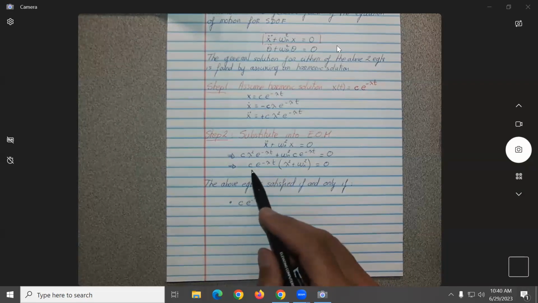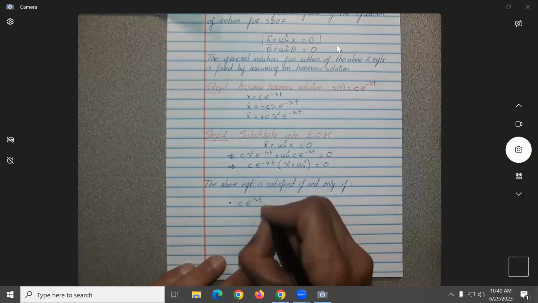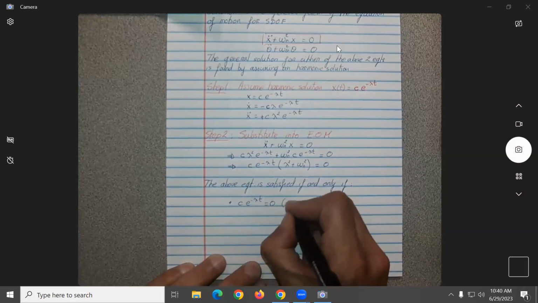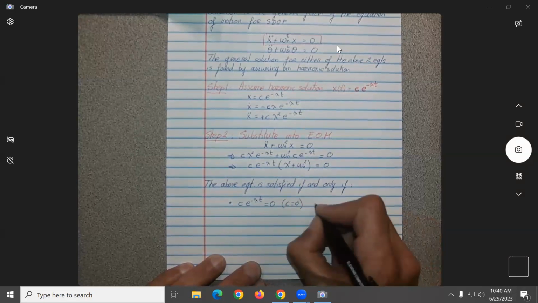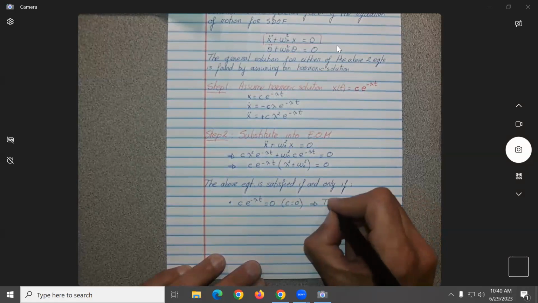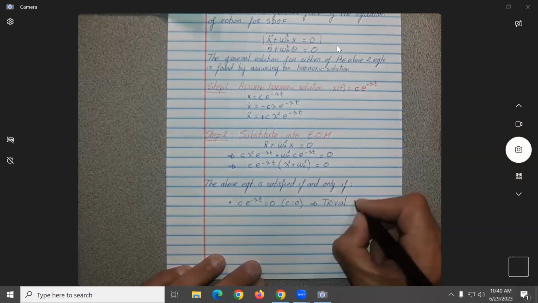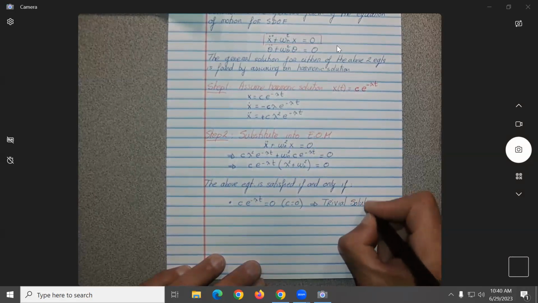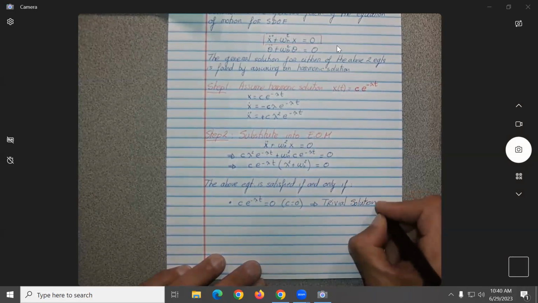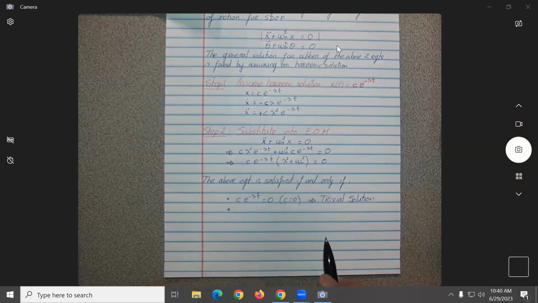C will be equal to 0, then you have 0 times a term will be 0, no? So I said when this is equal to 0, but really this means when C is equal to 0, okay? So this type of solution here is 0 equals 0. This is what is known as the trivial solution.